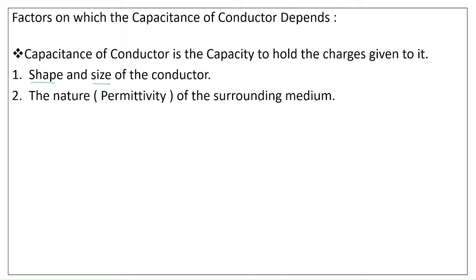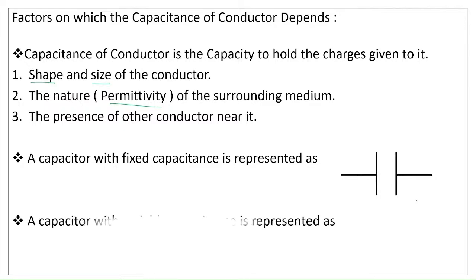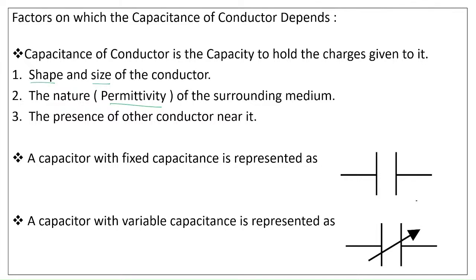The nature, permittivity, of the surrounding medium. 3. The presence of other conductors near it. Next, symbols of capacitors. A capacitor with fixed capacitance is represented with this symbol, and a capacitor with variable capacitance is represented with this symbol.